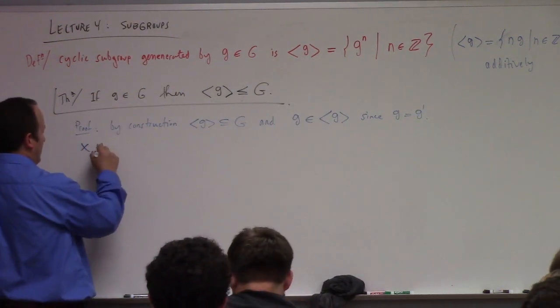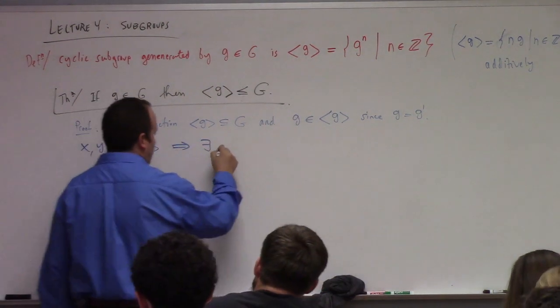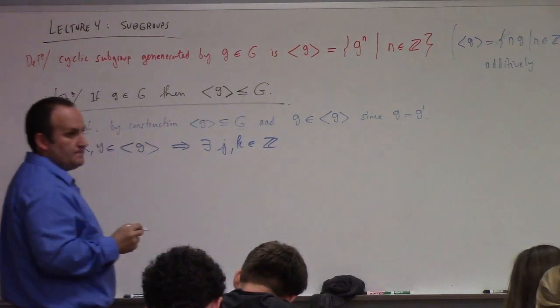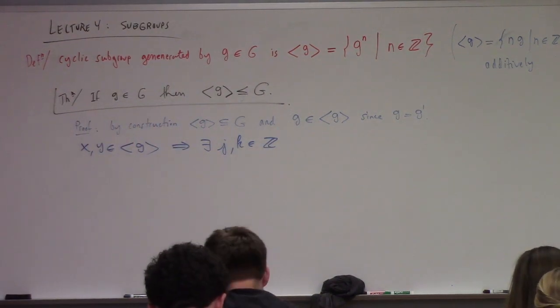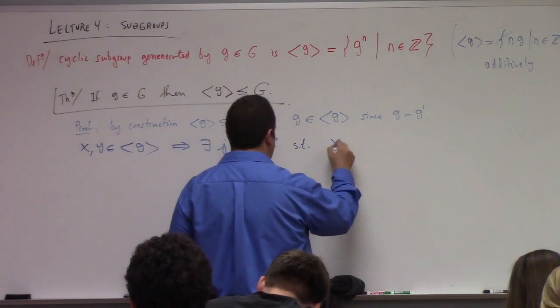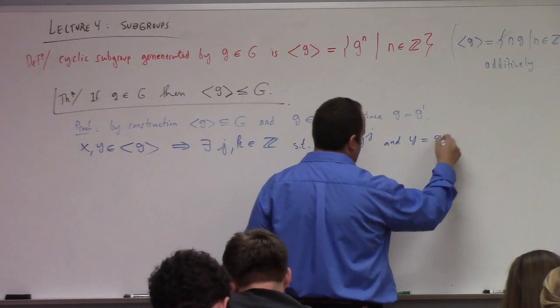What's that mean? If x and y are in this alleged subgroup, there exist j and k in the integers such that, how about x is equal to g to the j, and y is equal to g to the k?